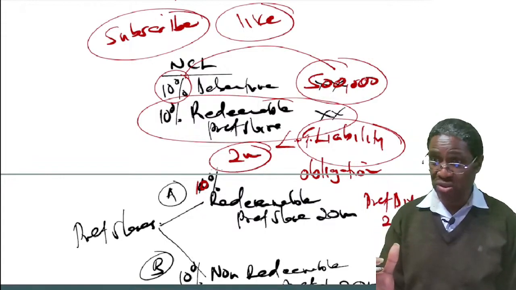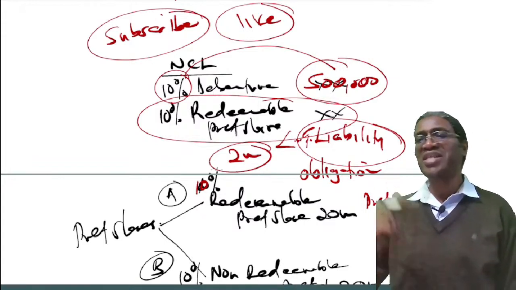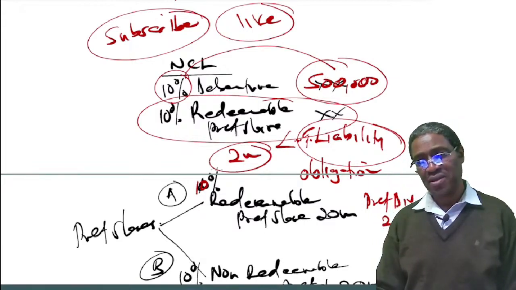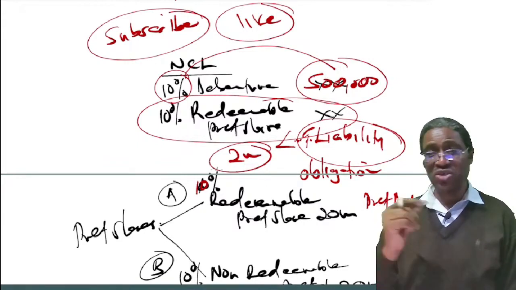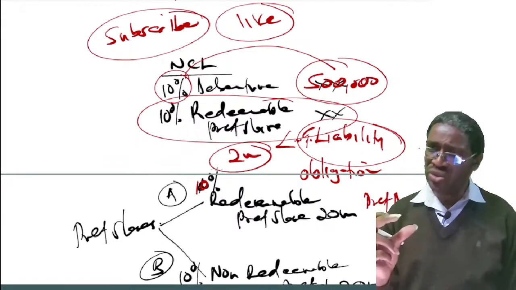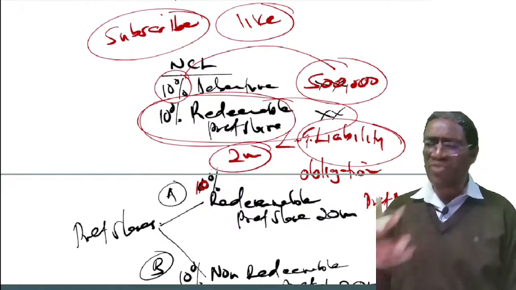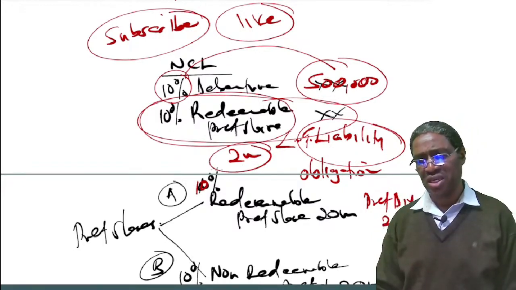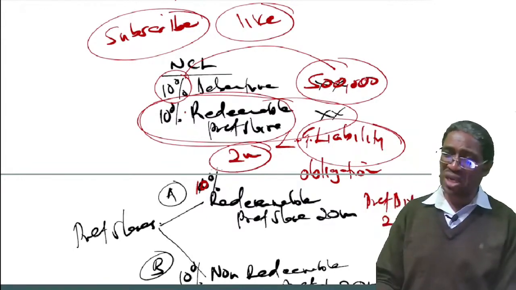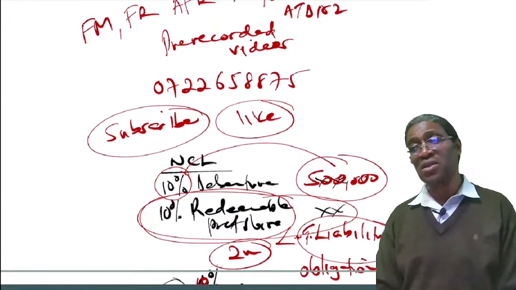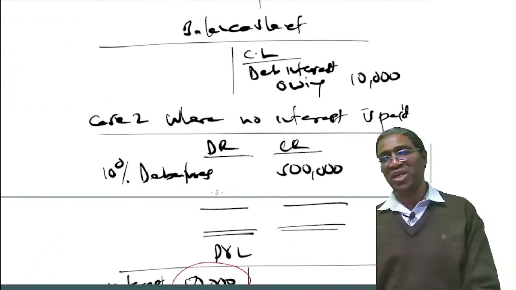The cost of borrowing those debentures is the interest you pay. Now you're also borrowing by issuing preference shares. The cost of raising this finance, which is the preference dividend, also becomes an example of a finance cost.